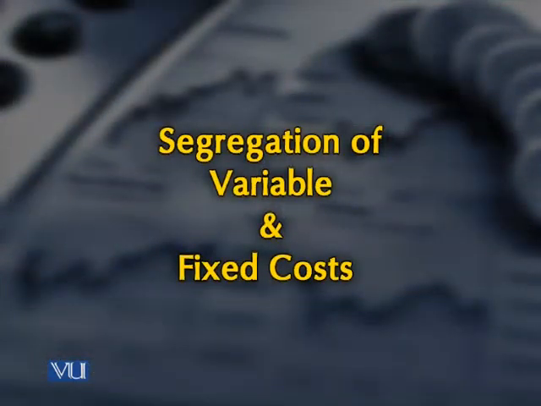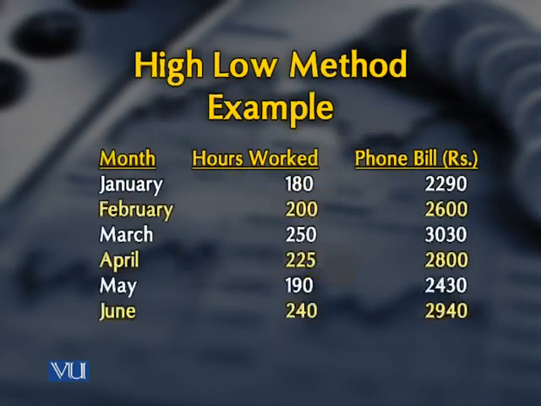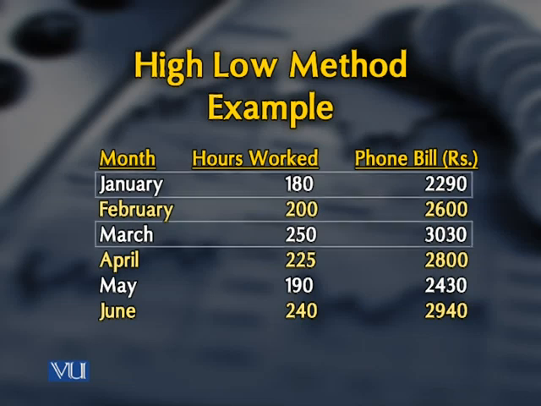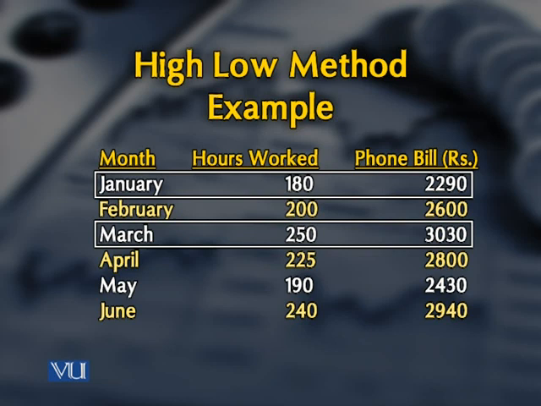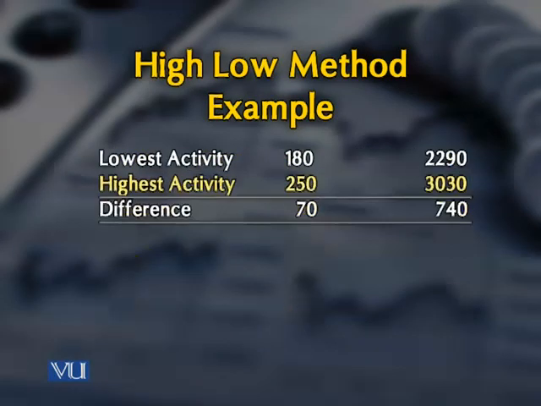If you look at this illustration, which I just prepared for you, there is a 6 months telephone bill and the hours worked. Looking at January, February, March, April, May, and June, you will see the highest hours worked is in March, that is 250, and the lowest is in January. If you take the difference of the two, hours worked 180 and 250, the difference is 70, and similarly the cost of 2,290 and 3,030, so the difference is 740.